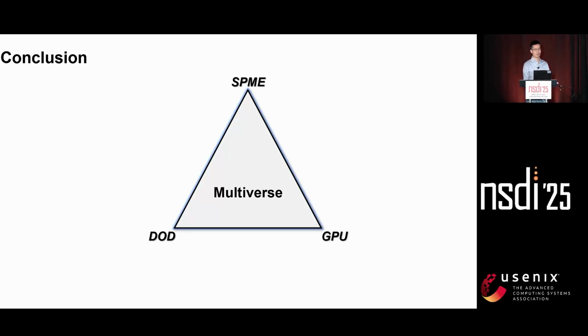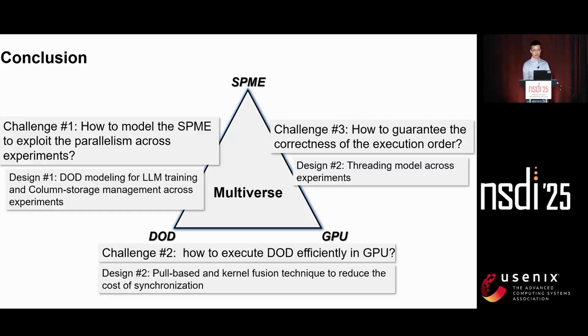First, we employ DoD modeling for LLM training and the column storage management across experiments to employ the parallelism across experiments. Second, we designed the pool-based and the kernel fusion techniques to execute DoD efficiently in GPU. Third, we propose a threading model across experiments to guarantee the correctness of the execution order.